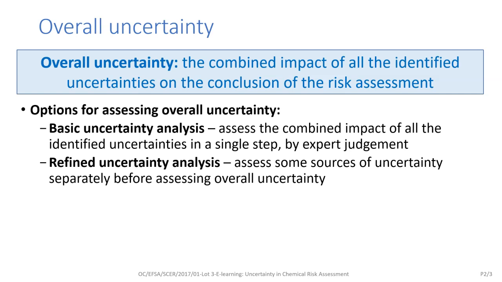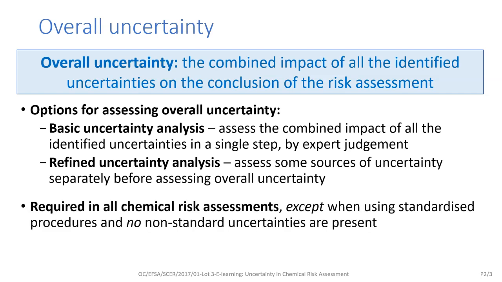This presentation describes how to apply the basic option in chemical risk assessment, while the final presentation goes on to refined options. One or other of these options is required in all chemical risk assessments, except when using standardized procedures and no non-standard uncertainties are present.